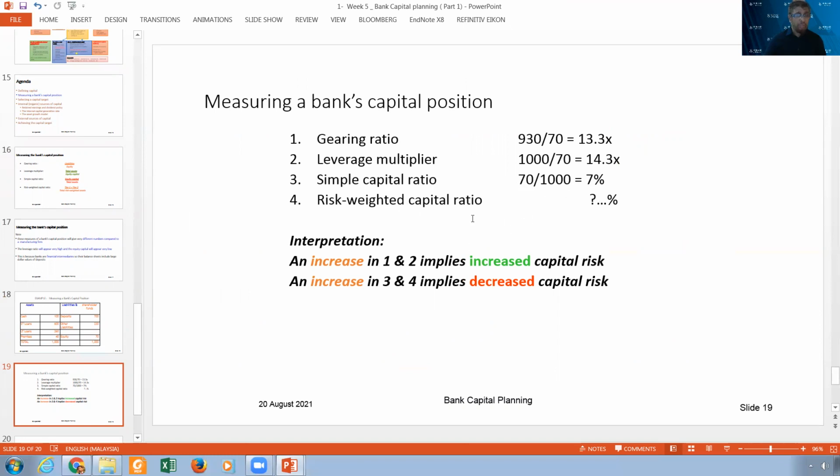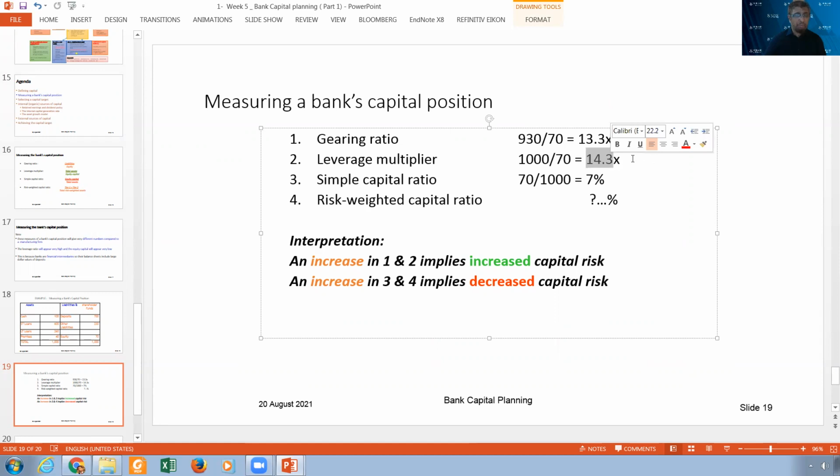So as you can see, when capital is the denominator, an increase in the first and second ratios implies increased capital risk, which means if this is becoming 14 times, 15 times, 16 times, my capital is getting smaller and smaller compared to the total assets. Here, the gearing ratio is over the liabilities.